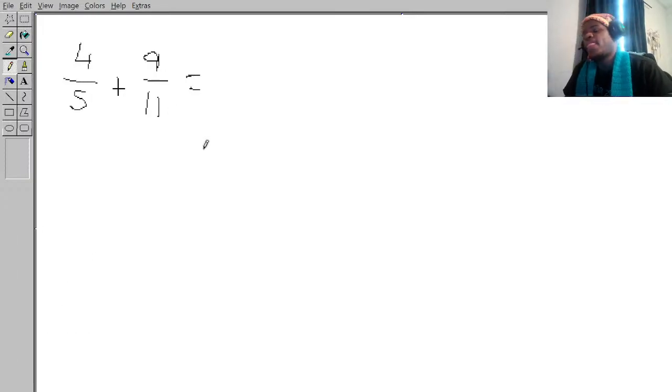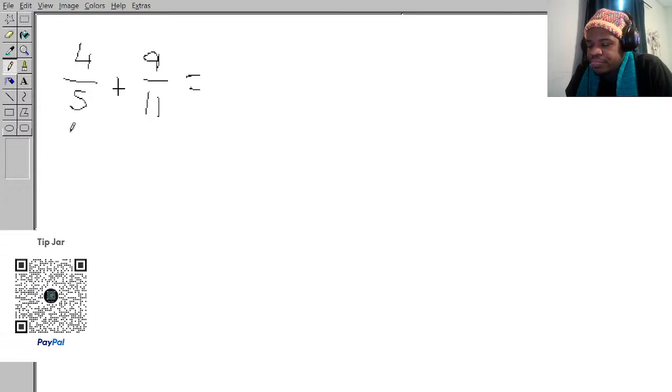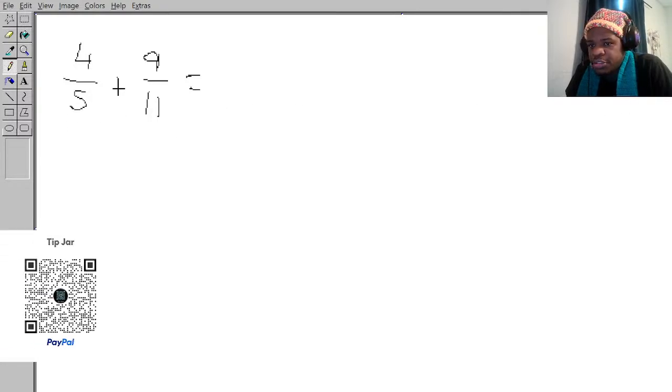So in here, you want to find the least common denominator. So 5 and 11 go into, so the correct way to do this, I'm gonna show you guys the long way first, and then as we go through it, I'm gonna break it down even faster.